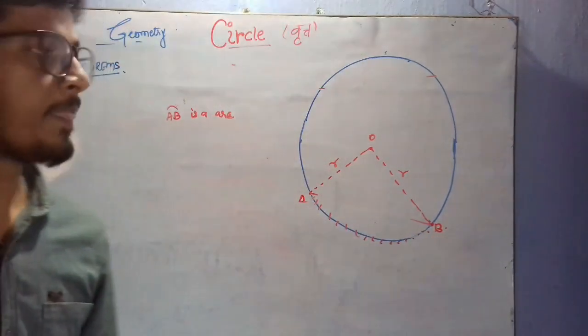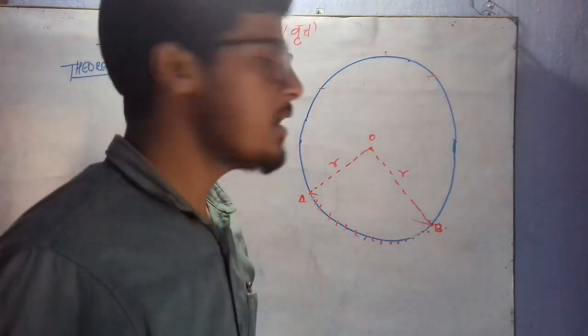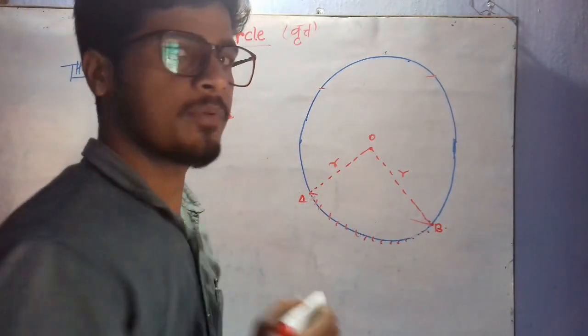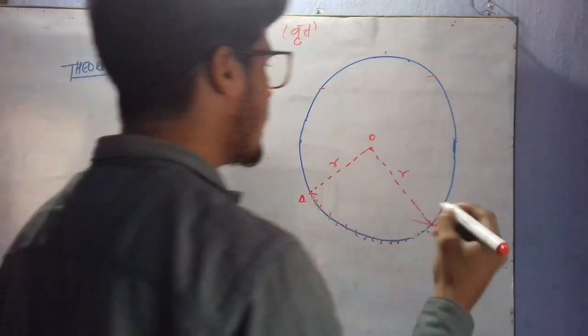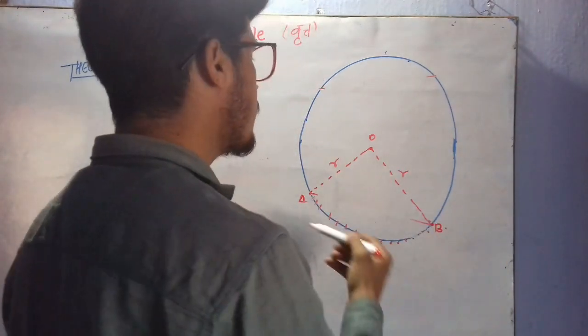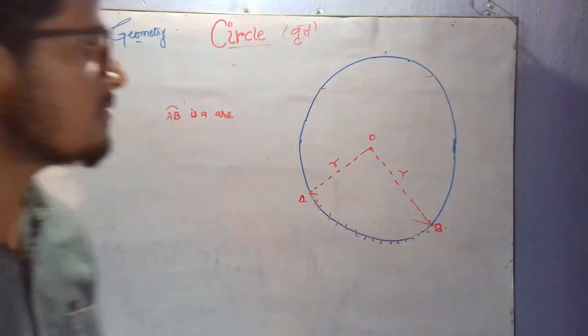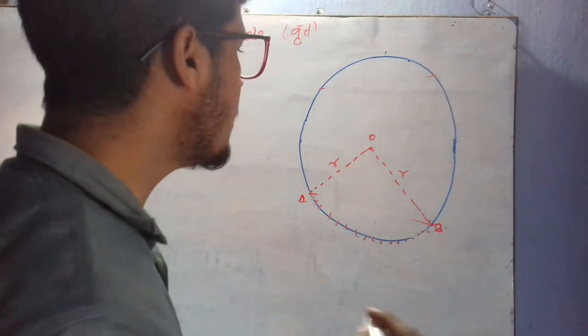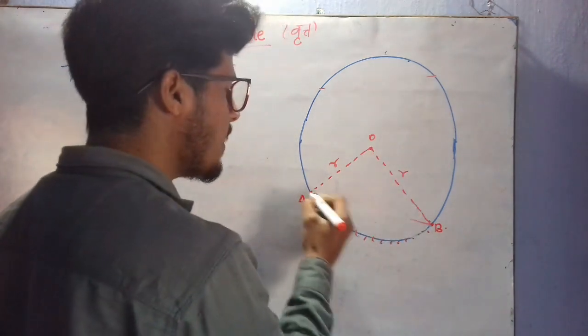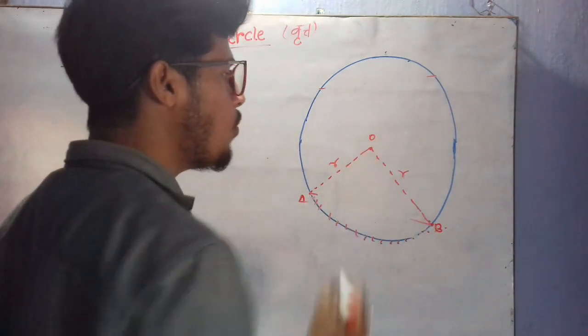So it is said that the angle drawn from an arc of a circle to its circumference is always half of the angle found at the center. What does it mean? It means that let's take 2 points A and B in a circle, and O is the center.